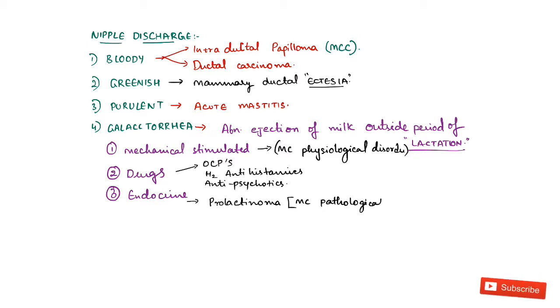The physiological cause was mechanical stimulation, the pathological cause is prolactinoma, and the other endocrine cause is hypothyroidism. So these are the main points to remember regarding nipple discharge, mainly of four kinds: bloody, greenish, purulent and galactorrhea.